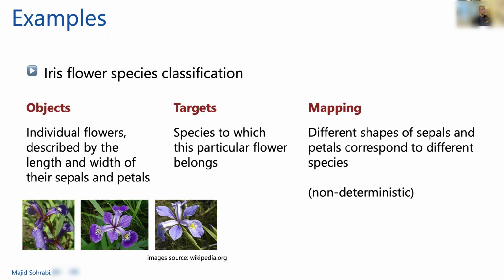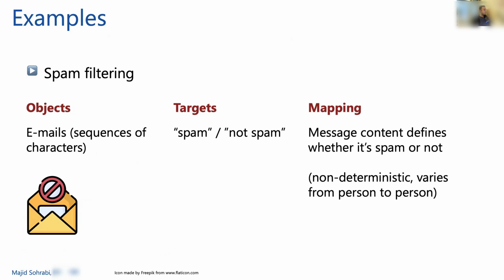The target is the species of the flower. There are 3 species, and the mapping is that different lengths and widths of sepals and petals correspond to different species.